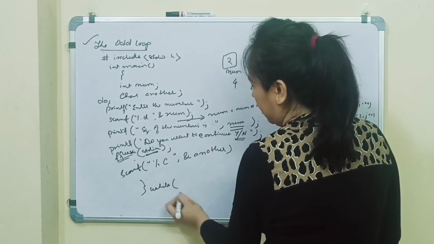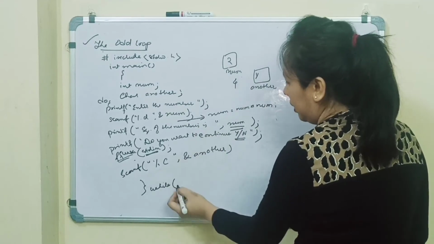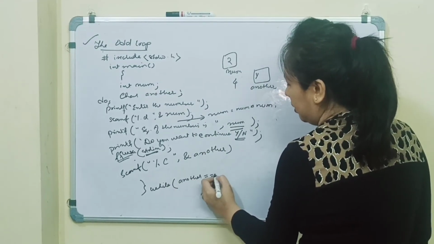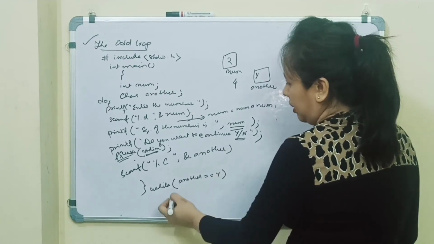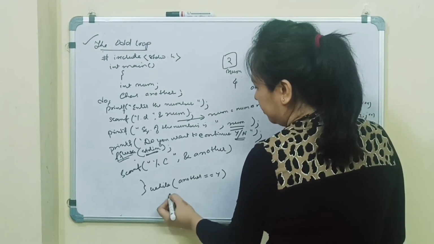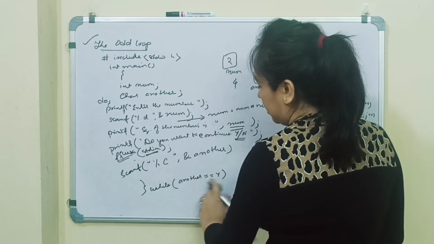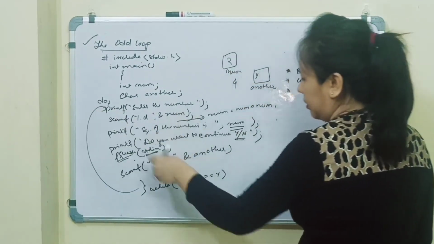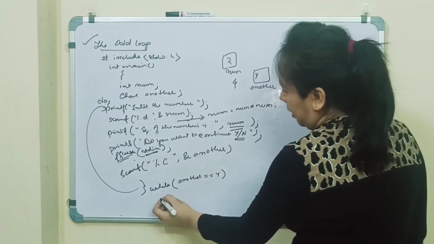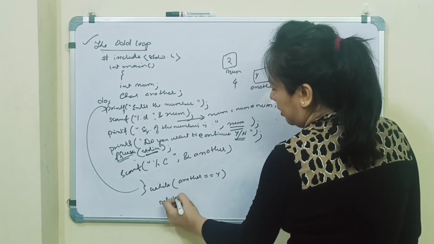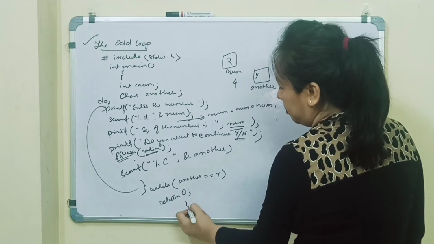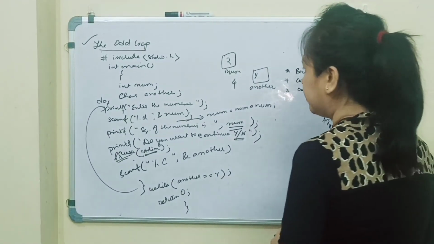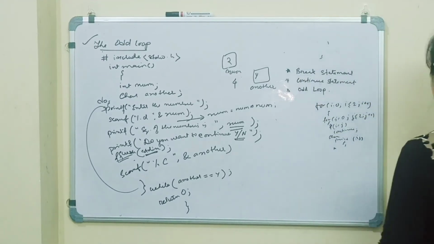Do this thing while the value of another is equal to y. While this condition holds, we will execute this loop, else return 0 and we will come out of the loop.